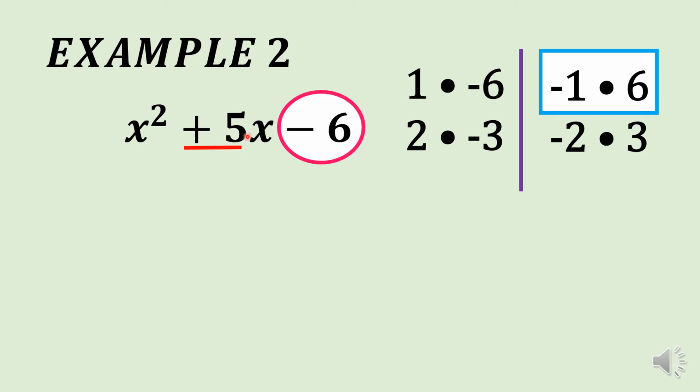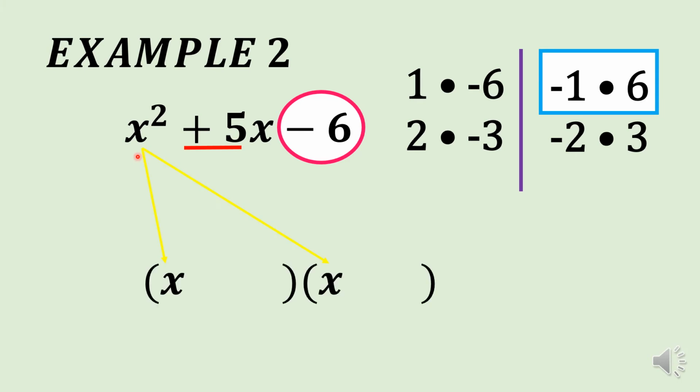And then, kung ano yung sign ng mas mataas na number, o yung sa absolute value, yun yung kukunin natin na sign, which is positive. So that is why we have positive 5. Therefore, ang ating kukunin ay negative 1 at saka positive 6. Then same process, last step natin, factor x squared.